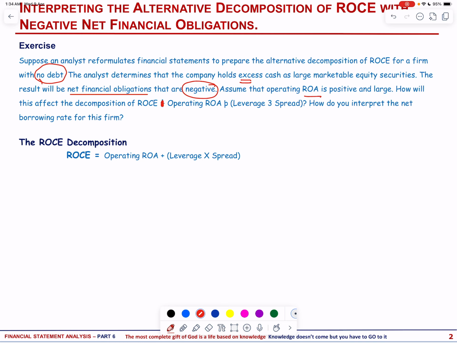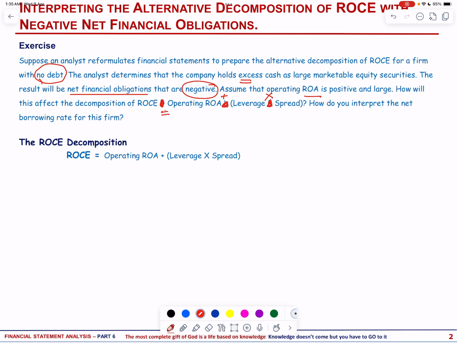So, return on capital employed is equal to operating ROA plus leverage times spread.